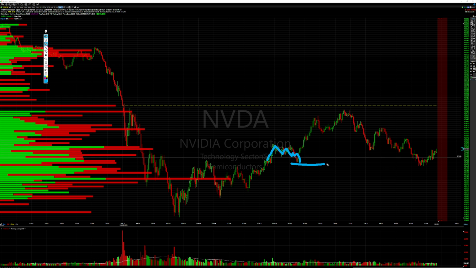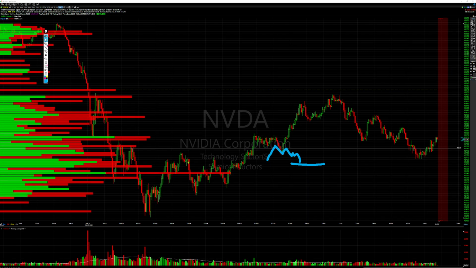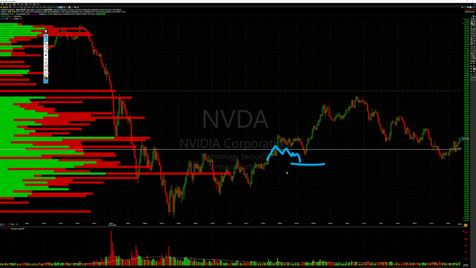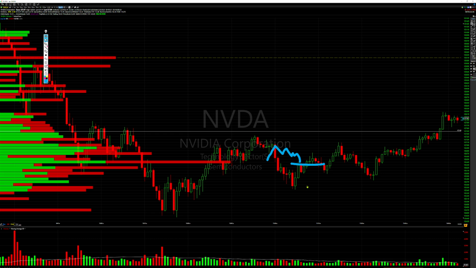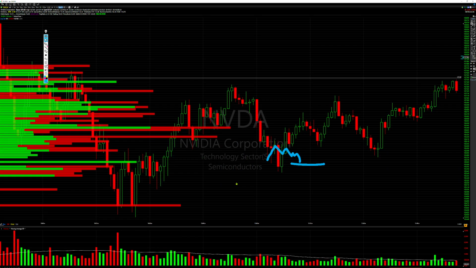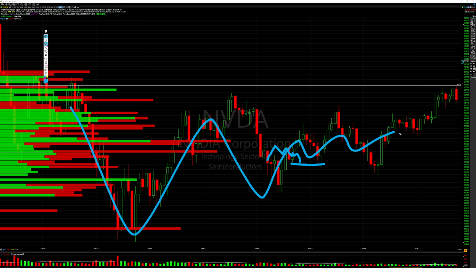Or it could. But when we understand volume profile, really what we need to find out in here is where is that level that we should risk off of. And for me, I'm going to have to zoom into it again. All right, here we are. Where would you say the point of control is for this ascending triangle?